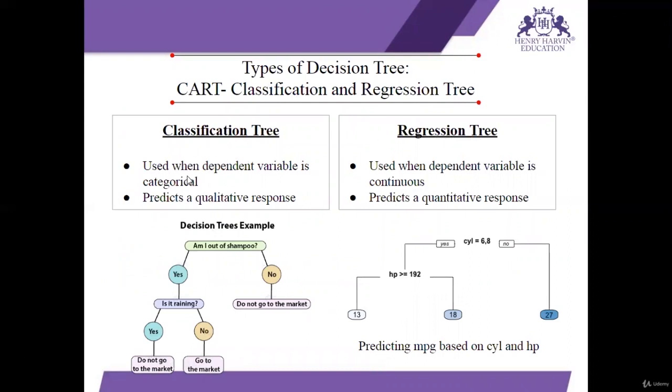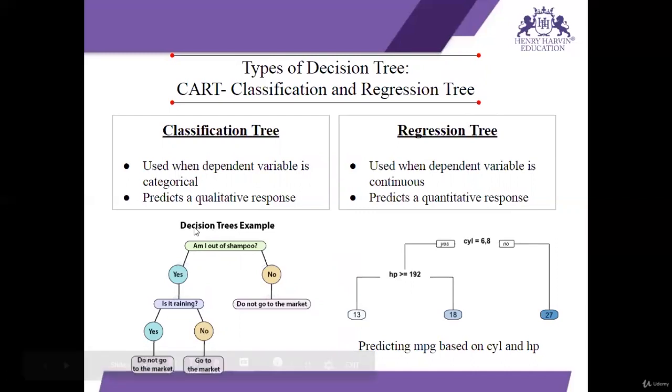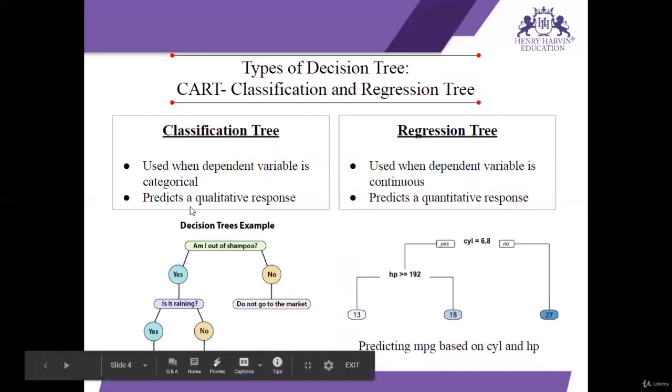Classification trees are used when the dependent variable is categorical, and it predicts a qualitative response. So for example, you can see there is an example of, am I out of shampoo? If the answer is yes, then there is one more question. So is it raining outside? If the answer is yes, you will say, do not go outside.